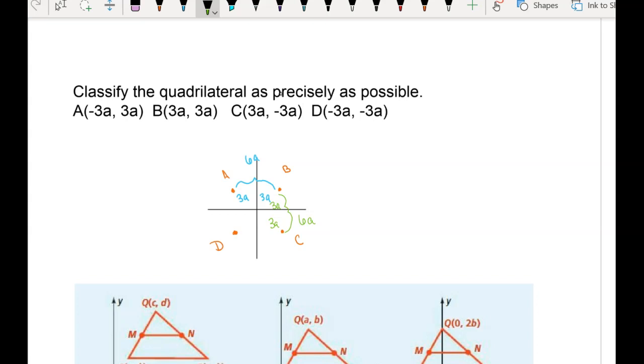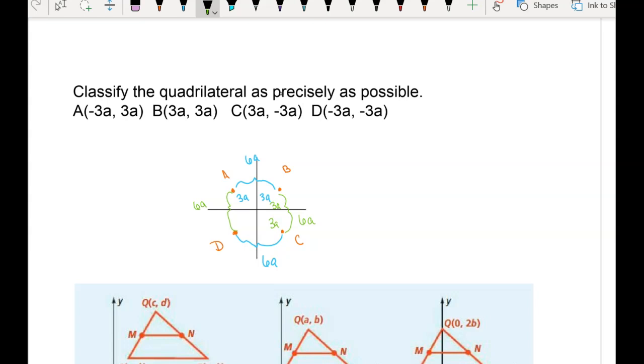Notice that our answers are positive because distance is always positive. So we'll do D to C. That's going to give me 6a. And segment AD is going to give me, you guessed it, 6a.